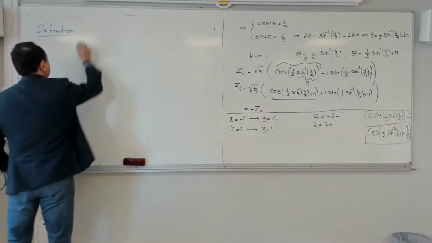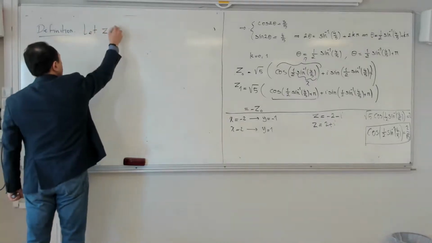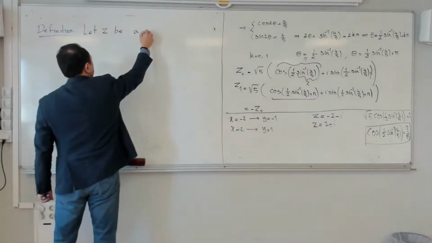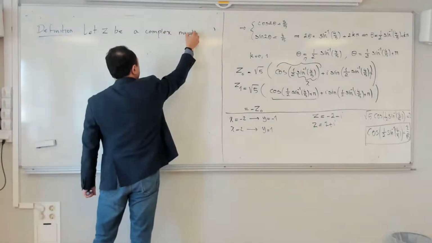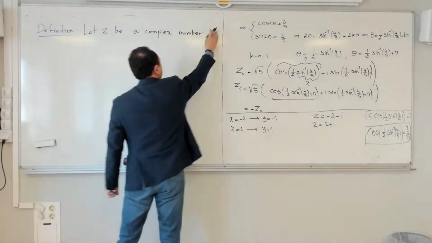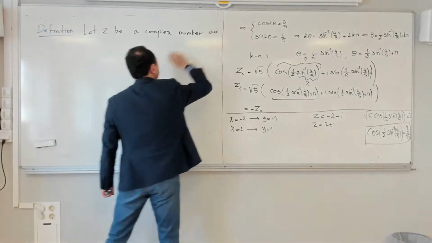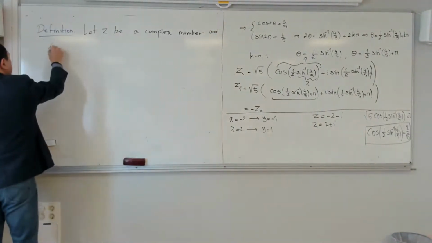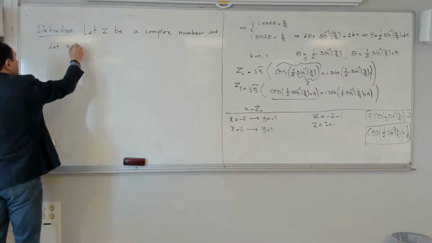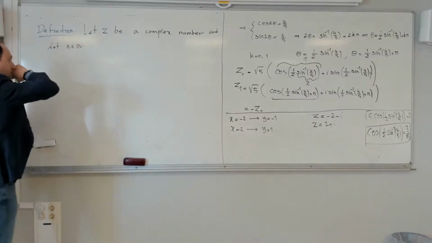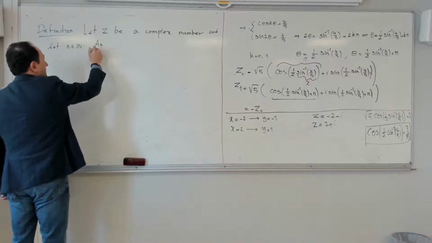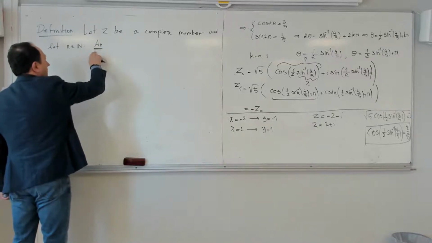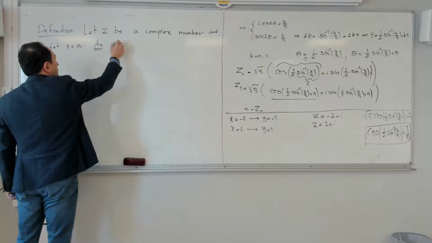So let Z be a complex number and let N be a natural number. And be careful about the article I am using.